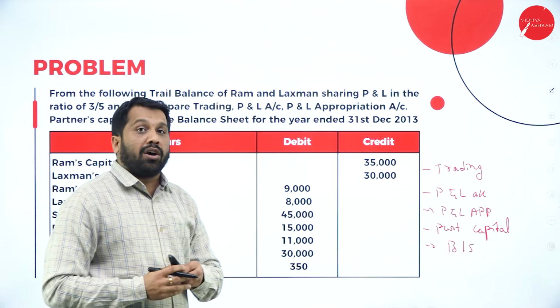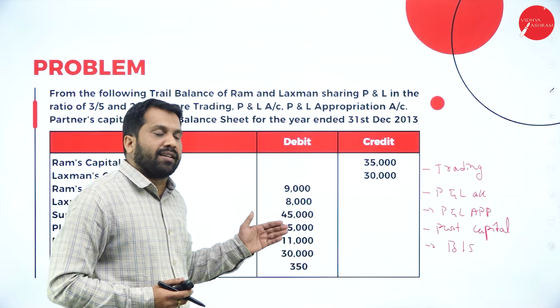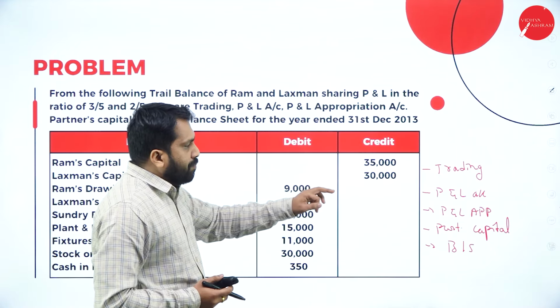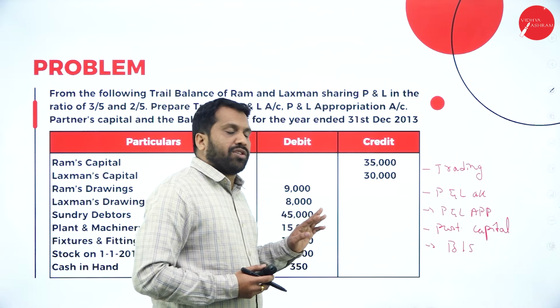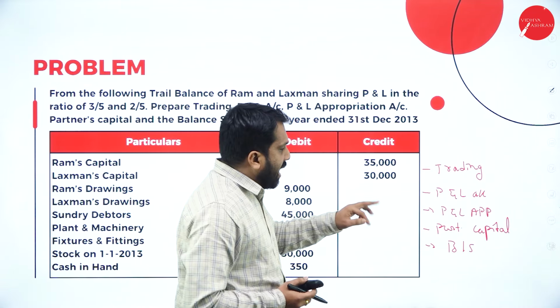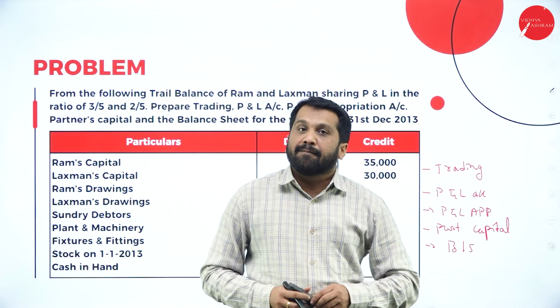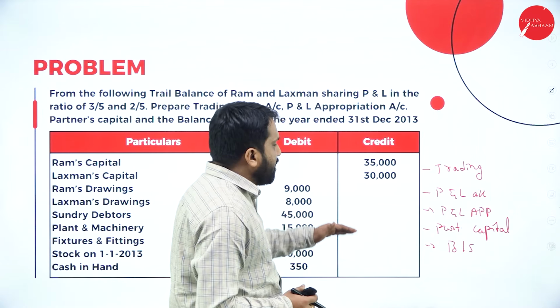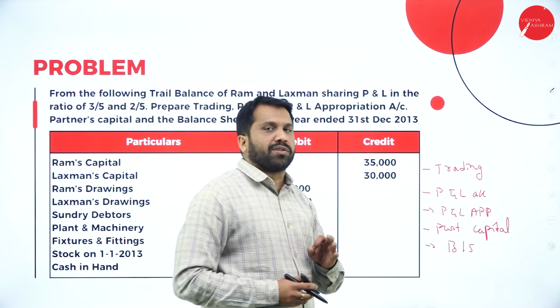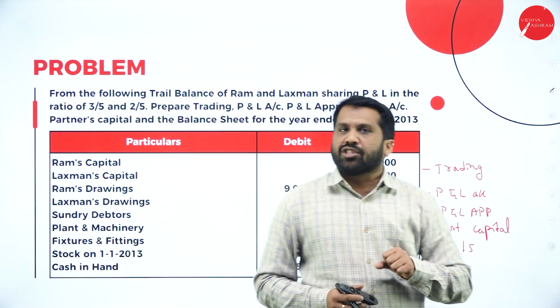Hope you are clear. How many accounts did we prepare in the partner's final accounts? Trading account, P&L appropriation account, partner's capital account, and the last one, balance sheet. It looks big, but it is the easiest topic. You will get very few adjustments.